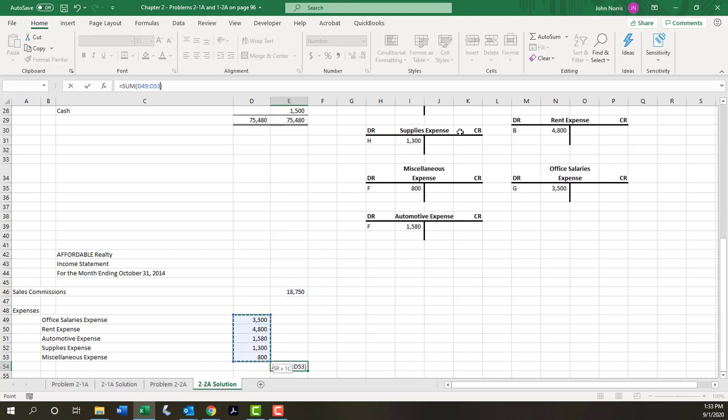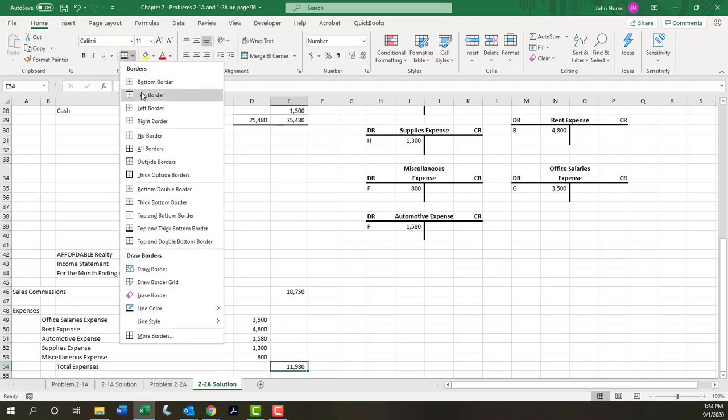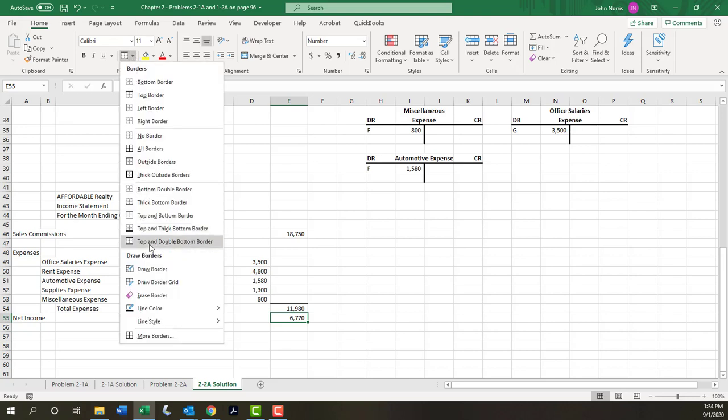Total expenses equaled $11,980, which gave us net income of $6,770.